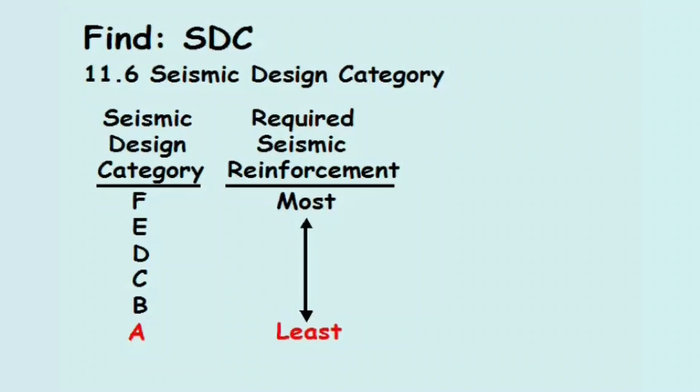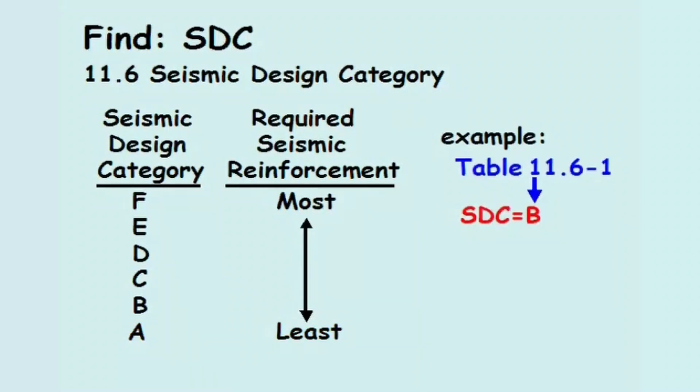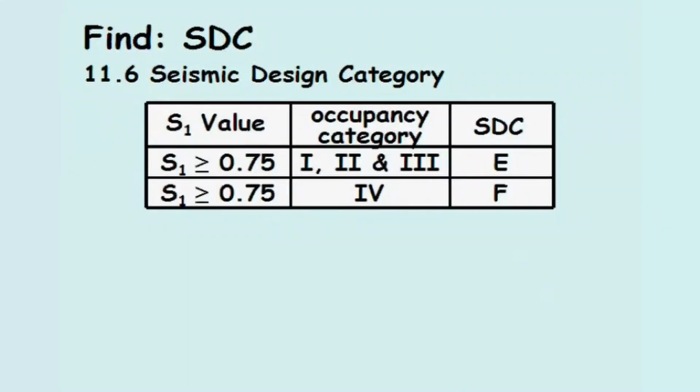For example, if Table 11.6-1 prescribes seismic design category B and Table 11.6-2 prescribes seismic design category C, then the seismic design category is C. Also, if the 1-second spectral response acceleration, S1, is greater than 0.75, then the seismic design category is either E or F, which then depends on the occupancy category.